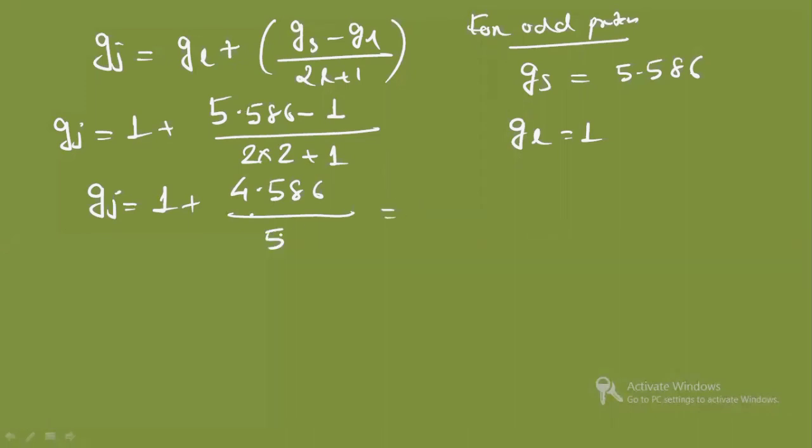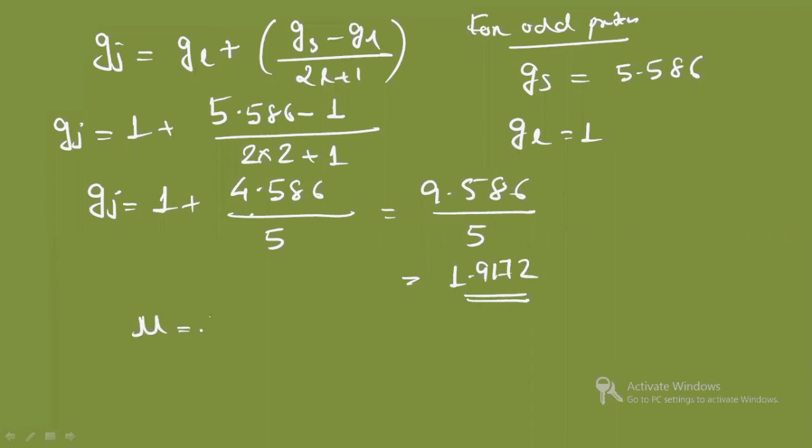So you will get 9.586 divided by 5. All right. Now on dividing, what will you get? 1.9172. This is the value of Gj.